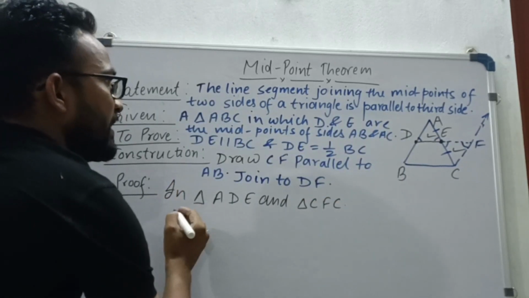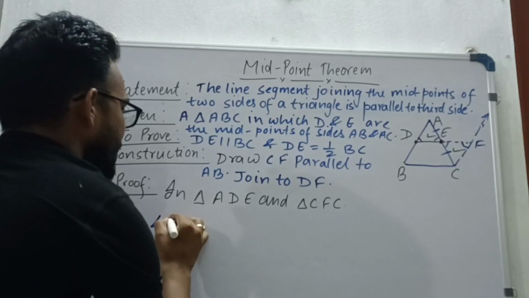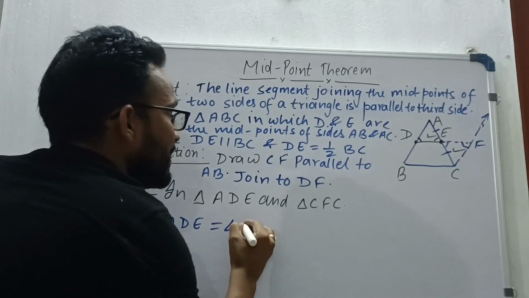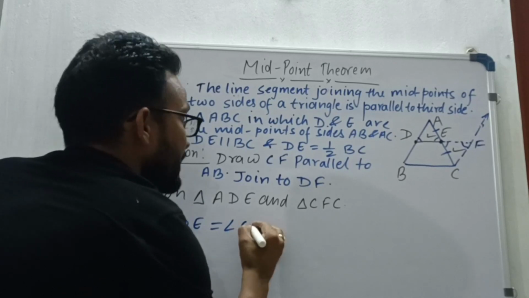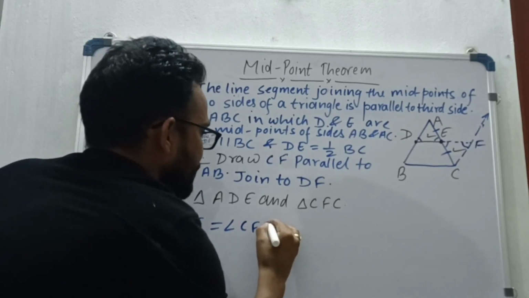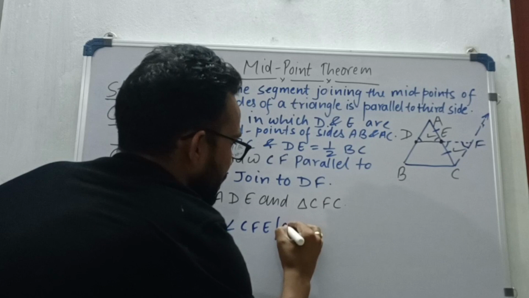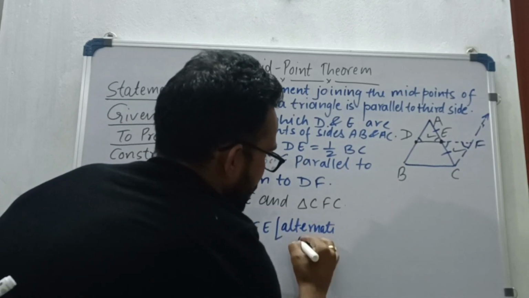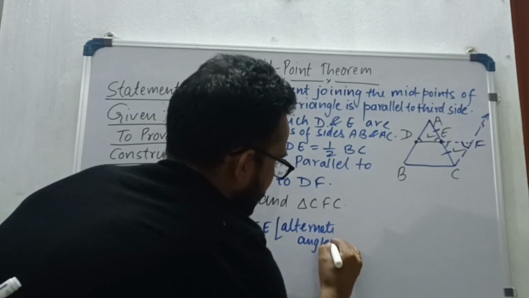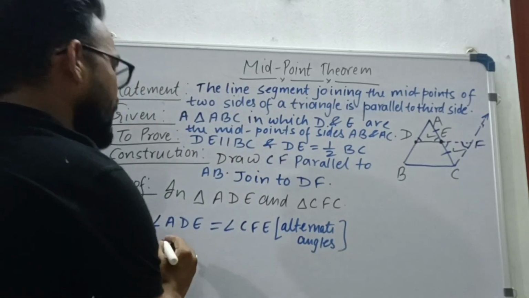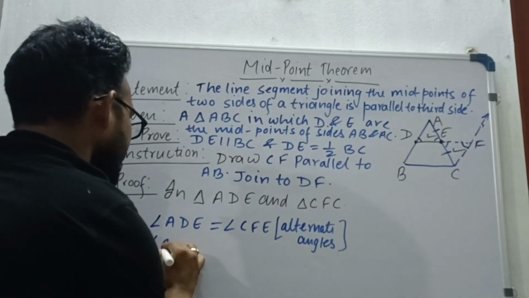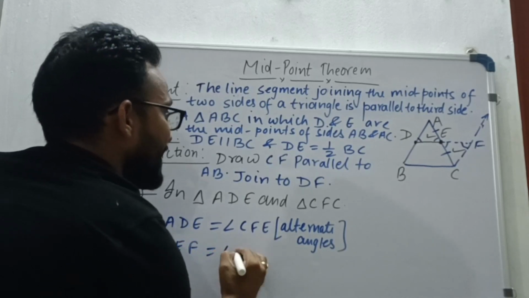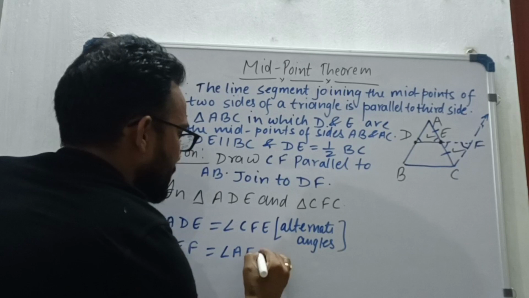Now we are writing, in triangles ADE and CFE: angle ADE is equal to angle CFE. Reason: alternate angles. Then angle CEF is equal to angle AED.